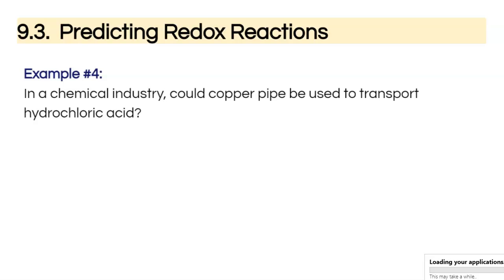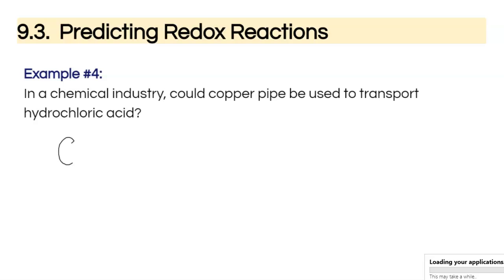Well, we would go through the same process as we just did. So I'm going to pause the video. I'd like for you to give this question a try and then come back when you are ready. So I'm going to go ahead and identify all of the species here. Essentially what we are looking to find out is, does copper react spontaneously with hydrochloric acid?